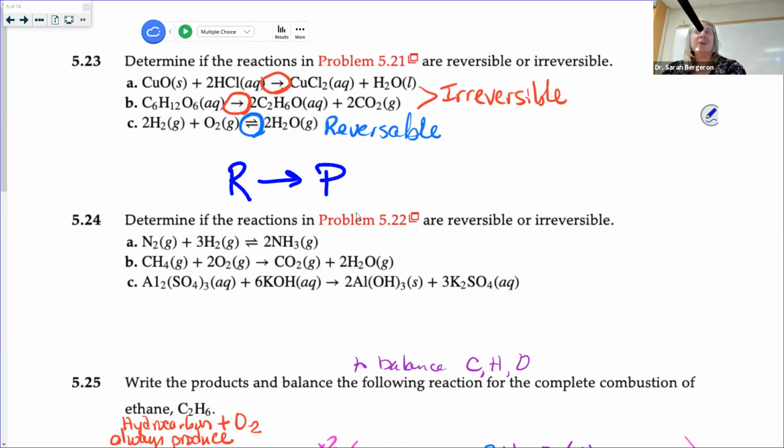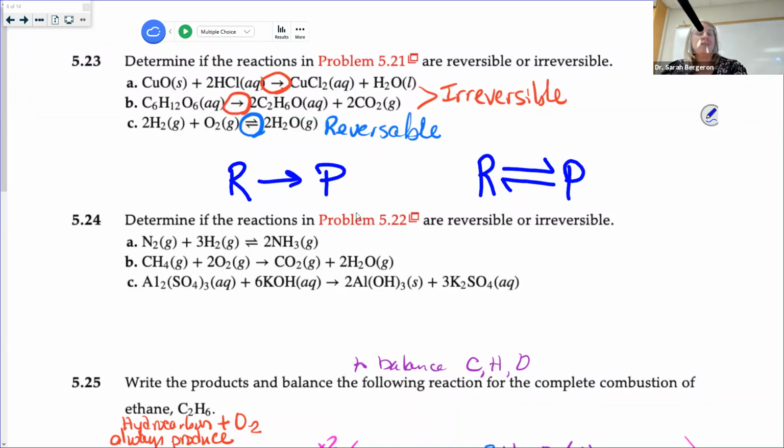And that doesn't always happen. Lots of reactions are what's called reversible. So if I have a reversible reaction, my reactants can go to products, but the reverse can occur as well. My products can convert to reactants. So I have to say it can go in the forward direction and it can go in the reverse direction.